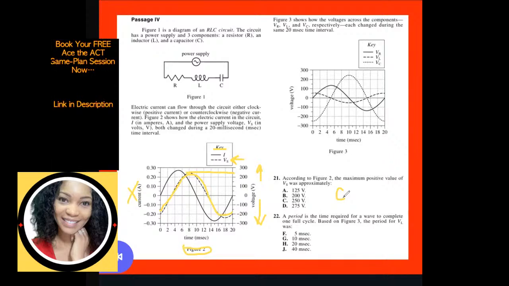It says a period is the time required for a wave to complete one full cycle. Based on figure 3, right?